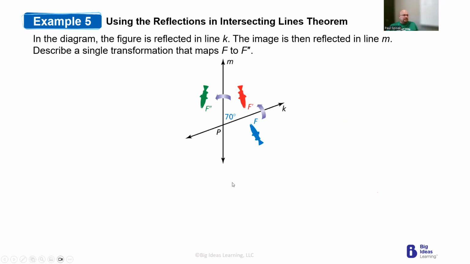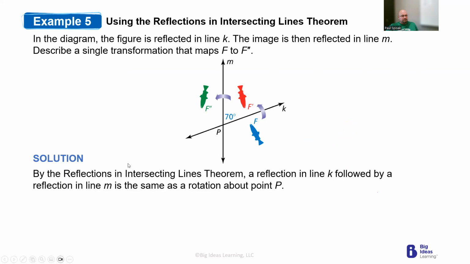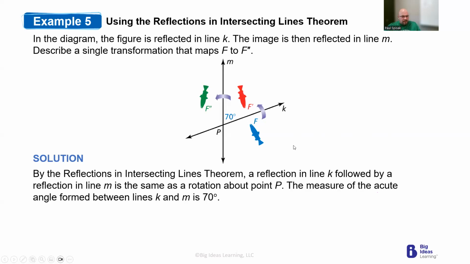Example 5, using reflections in intersecting lines. In the diagram, the figure is reflected in line K. The image is then reflected in line M. Describe a single transformation that maps F to F prime. So here, the reflection in line K followed by a reflection in M is the same as a rotation about point P. The measure of the acute angle formed between lines K and M is 70 degrees.